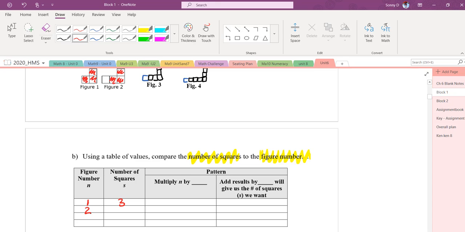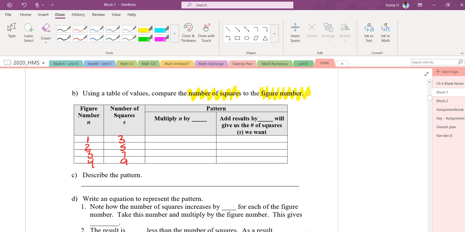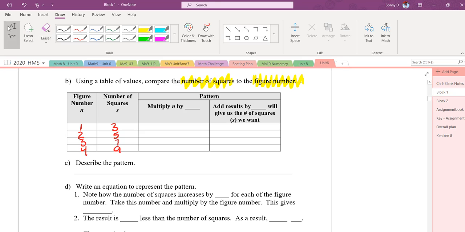How many squares does the second figure have? 5. The third has 7, and the fourth one has 9. So if you were to describe the pattern, what is it? It's plus 2. The number of squares is increasing by 2.